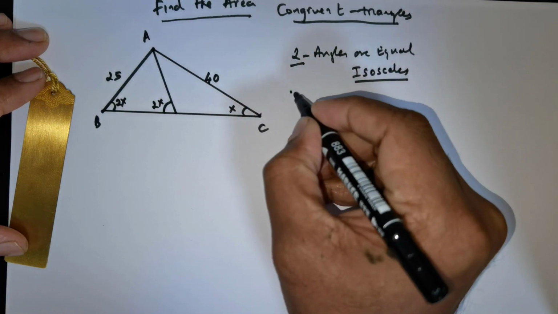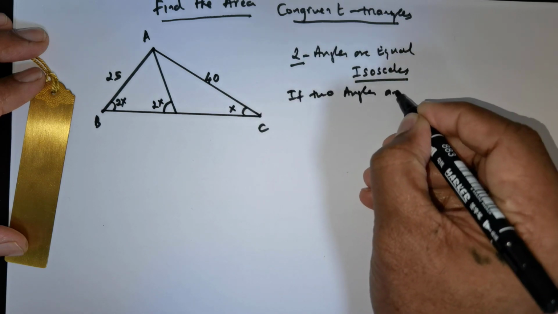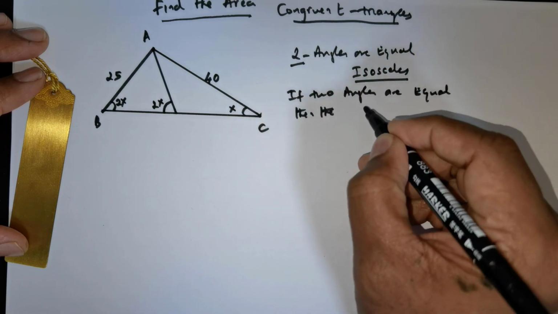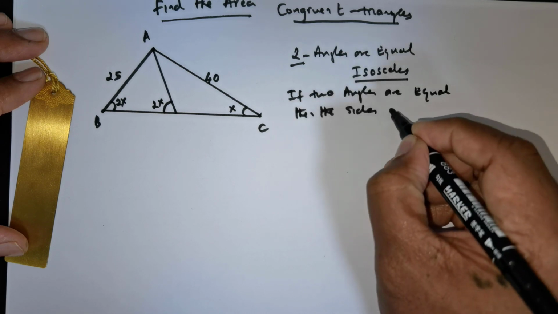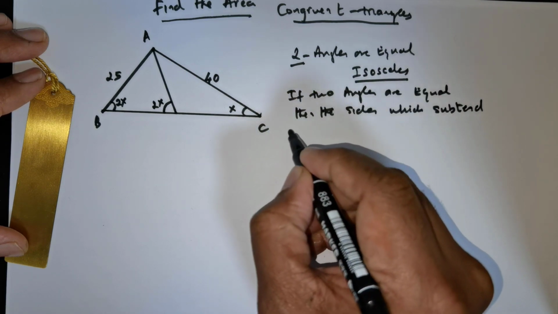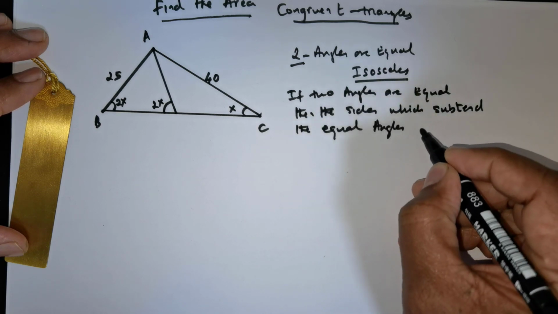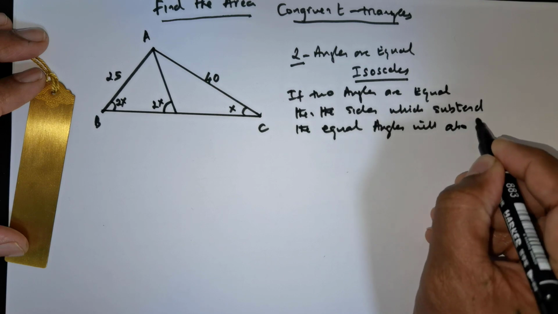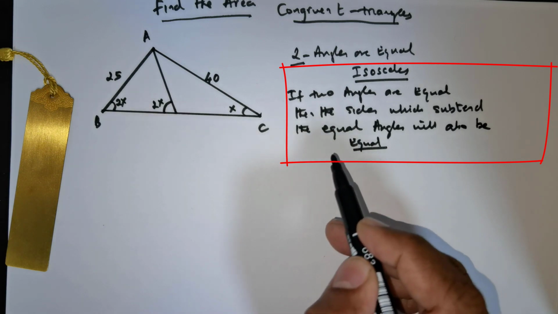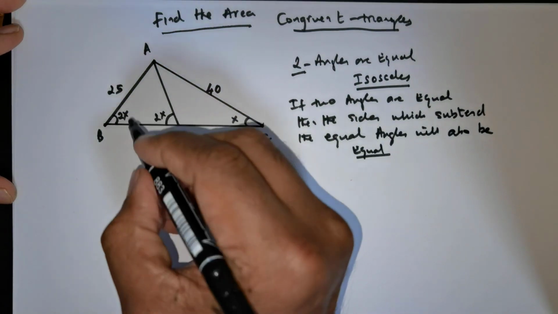The statement is as follows: if two angles are equal, then the sides which subtend the equal angles will also be equal. Now this is approaching the question from the angle perspective. We can also approach the question from the sides perspective, so that is also possible.